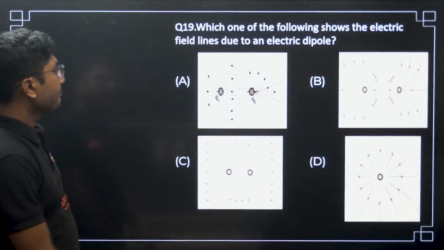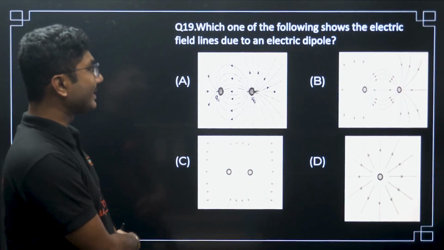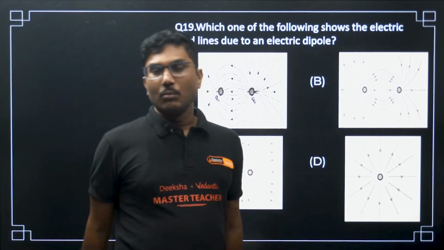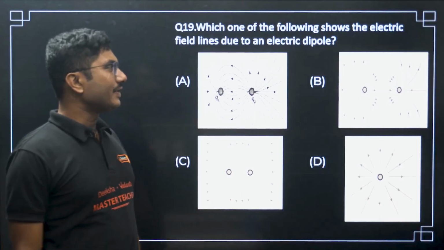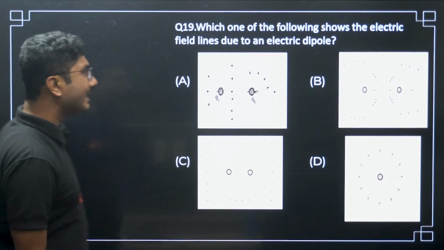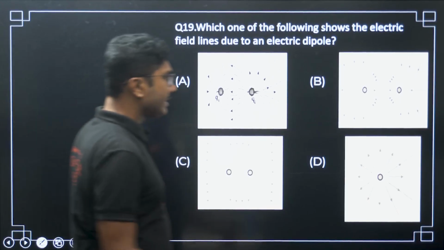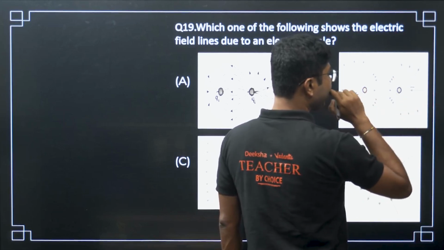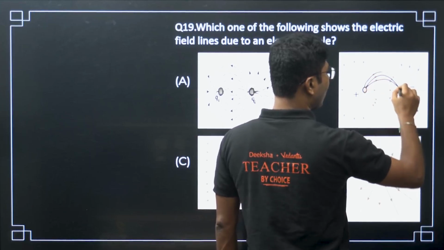Next question. Which of the following shows the electric field lines due to an electric dipole? An electric dipole basically has two charges, both equal in magnitude but opposite in nature. So whatever electric field lines generate from the positive charge should go and meet the negative charge. If you see the diagrams, you will realize that this must be a positive charge and this must be a negative charge, and all the field lines are going equally from positive to negative.